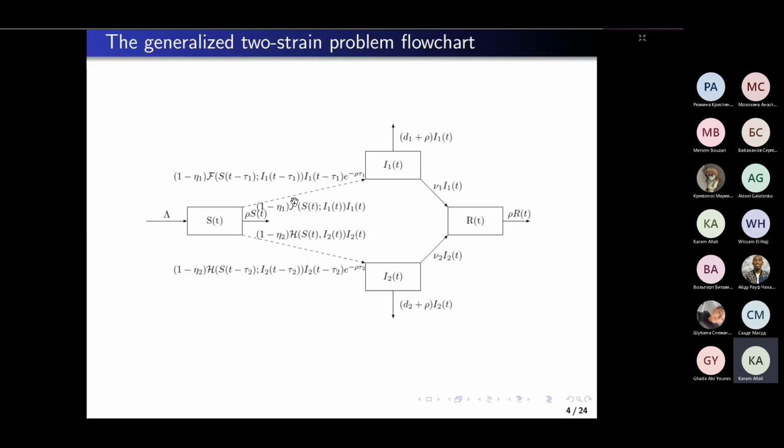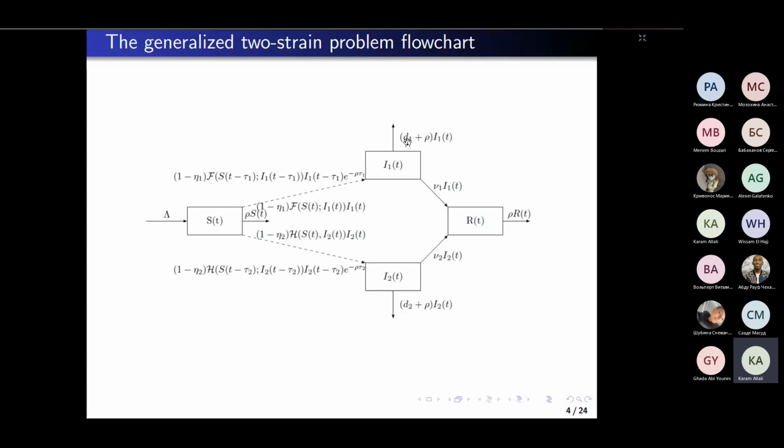Here we have the delay, with the probability of survival from t − τ1 to t, and a similar thing for the other strain. As you see, ρ goes outside for both classes; it means natural mortality of the whole population.